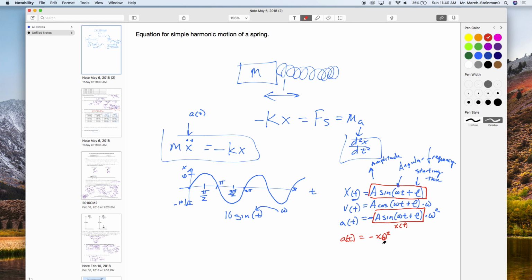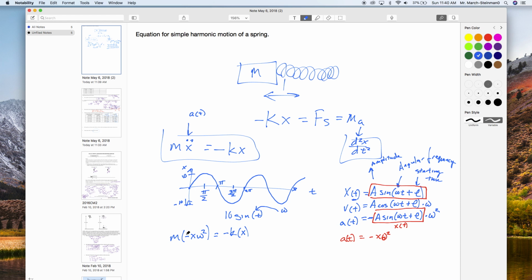I can plug that in on both sides, and I can see that m times a is equal to negative k x. And so we'll see that we get some cancellations here.